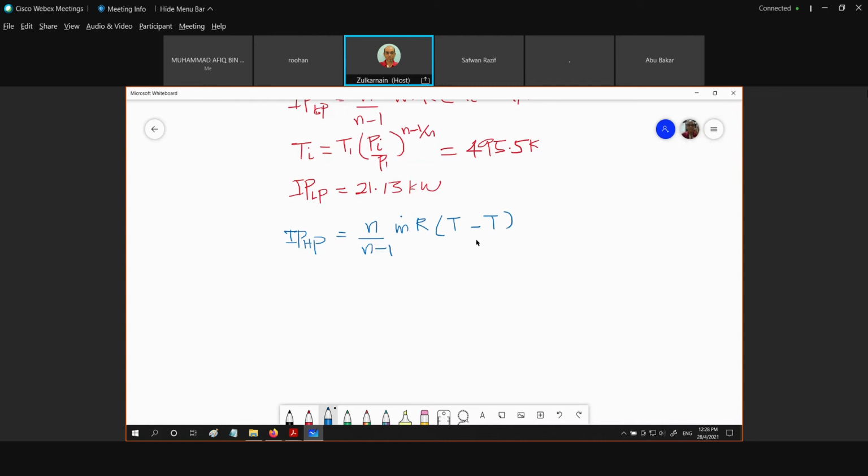T2 minus Ti prime. Yes, T2 minus Ti prime. And what is T2? T2 is equal to Ti prime times P2 over Pi, to the power N minus 1 over N. Is this equation correct?